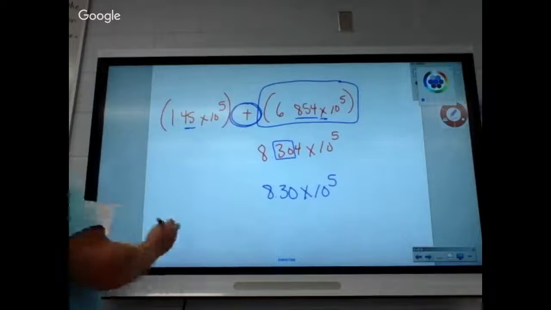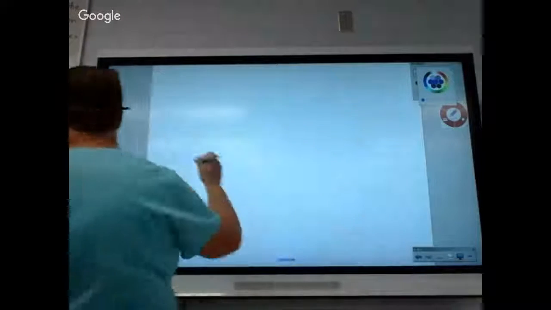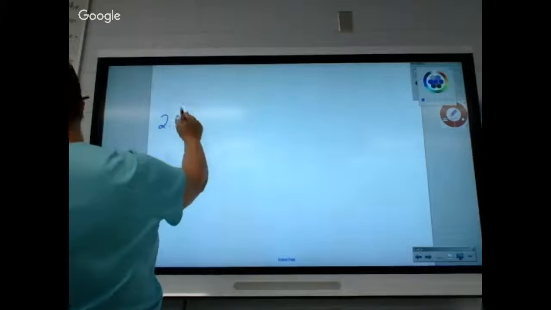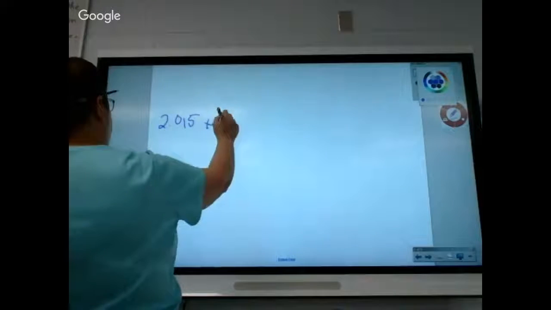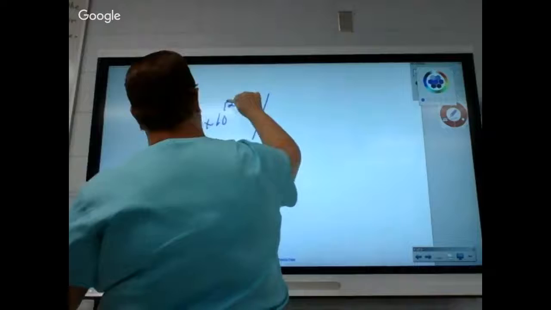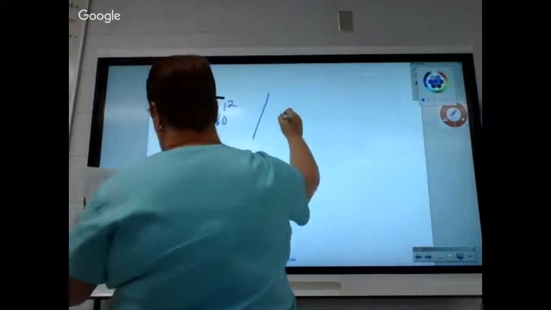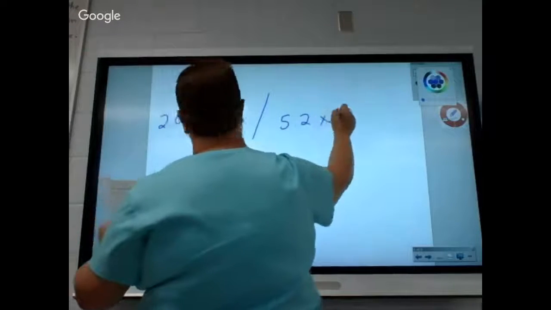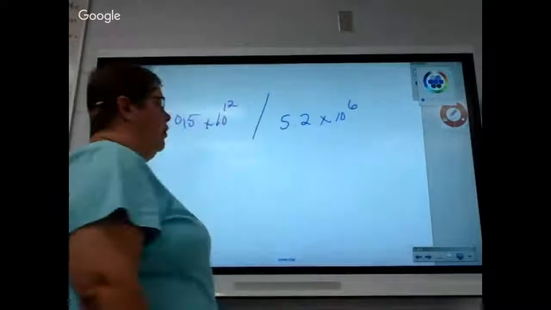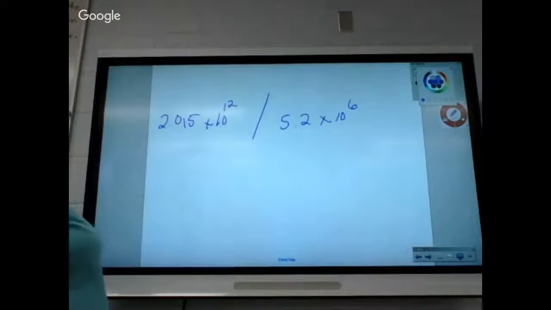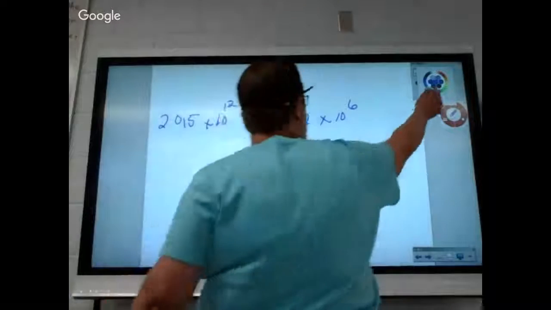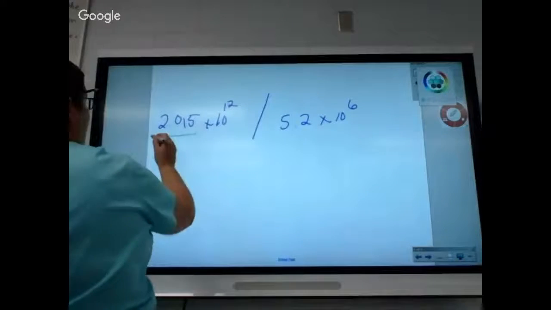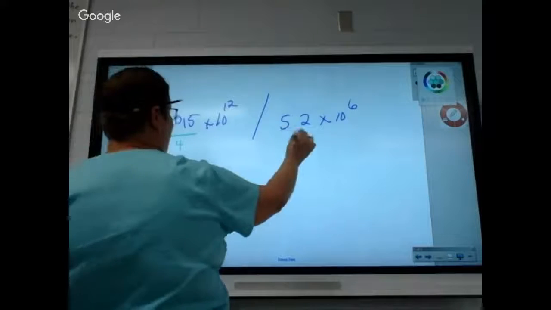So if you're dividing, you have 2.015 times 10 to the 12th divided by 5.2 times 10 to the 6th. So again, what rule are we going to use? Significant digits. So how many significant digits are here? 4. And how many are here? 2.